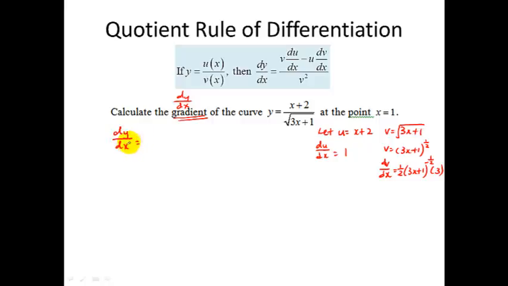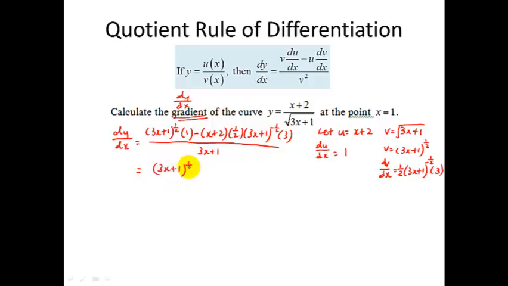Let's use the quotient rule. v du/dx minus u dv/dx over v squared. Now, let me just tidy up a little bit, whatever I can tidy up.